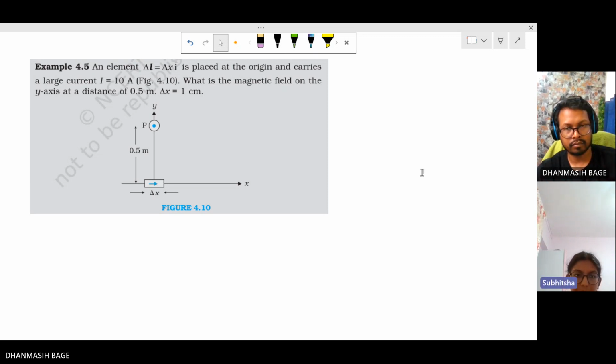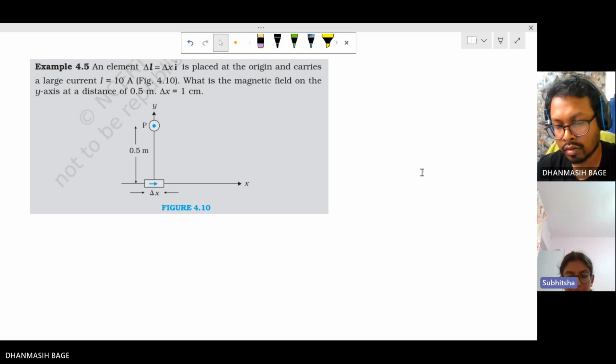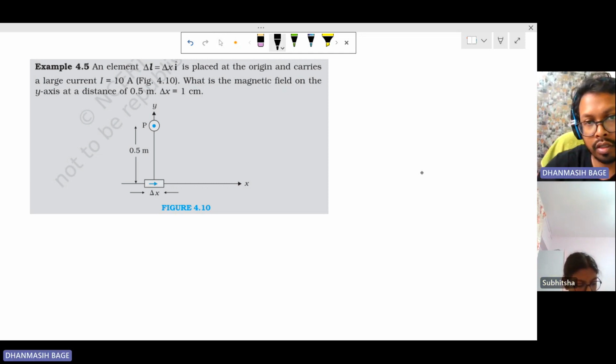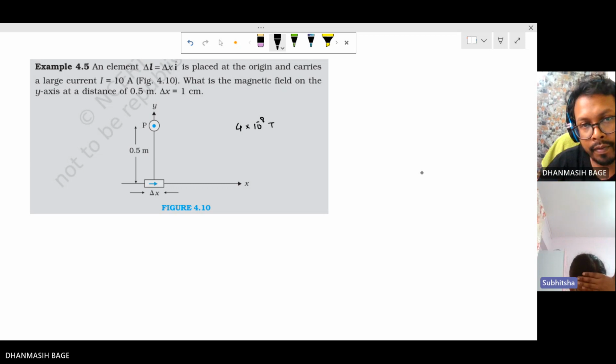What is it? 8 into 10 to the power minus 8. Sorry, how much? 8 into 10 to the power minus 8. The answer given to you is 4 into 10 to the power minus 8 Tesla. I'm getting double here. Maybe you have made some mistake.